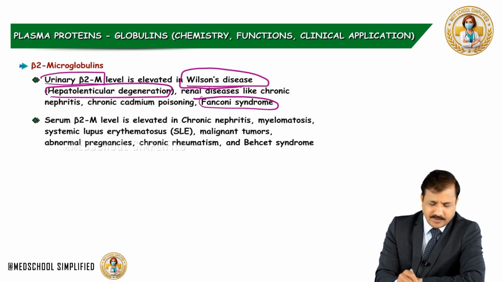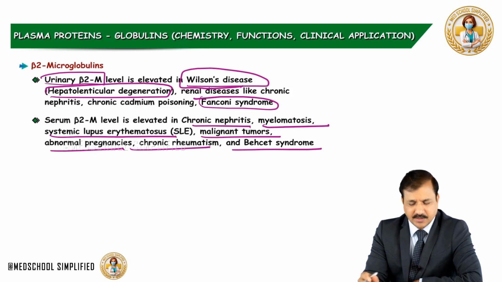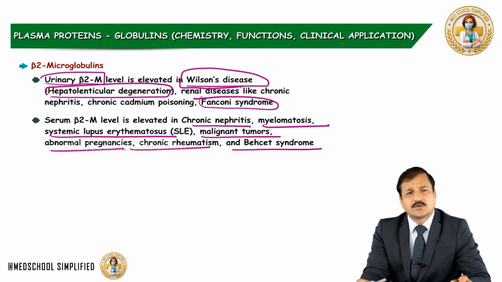Whereas serum beta-2 microglobulin levels are elevated in chronic nephritis, myelomatosis, systemic lupus erythematosus, malignant tumors, abnormal pregnancies, chronic rheumatism, and Behçet's syndrome. In all these conditions, there will be elevation of beta-2 microglobulins in the serum.